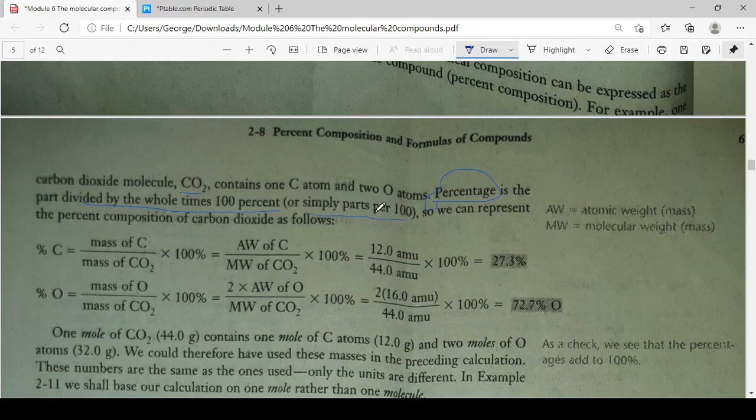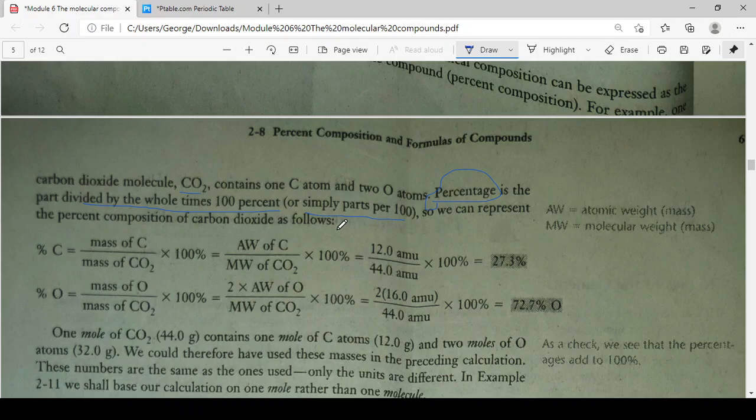So we can represent the percent composition of your carbon dioxide as follows. The mass of your carbon over the mass of your carbon dioxide times 100% is equals to the atomic weight of your carbon over the molecular weight of your carbon dioxide. What is the difference between atomic weight and molecular weight? Atomic weight is used if you have only one element.